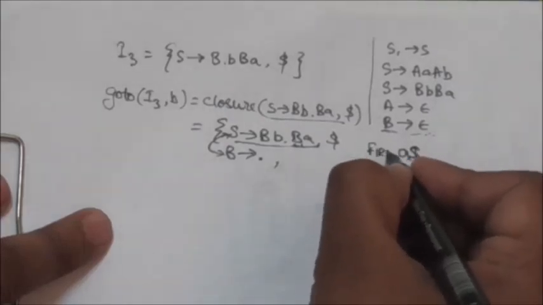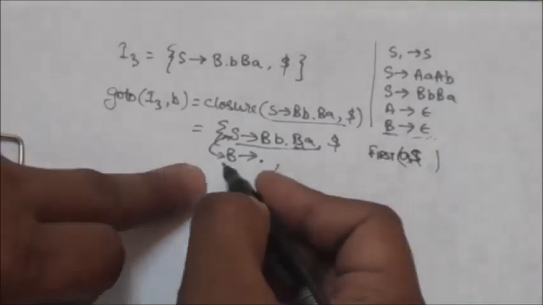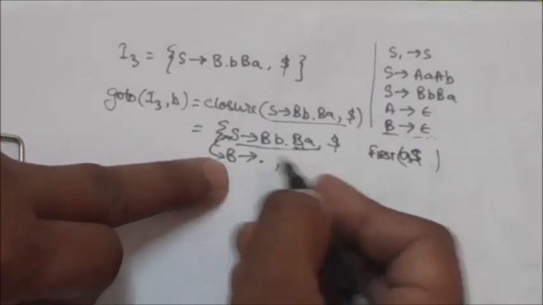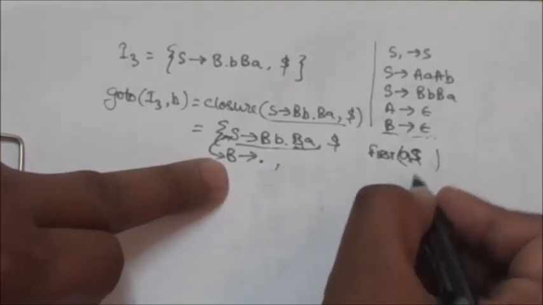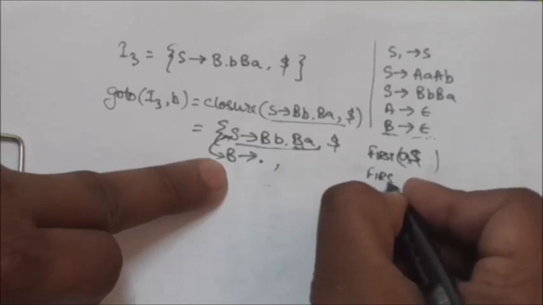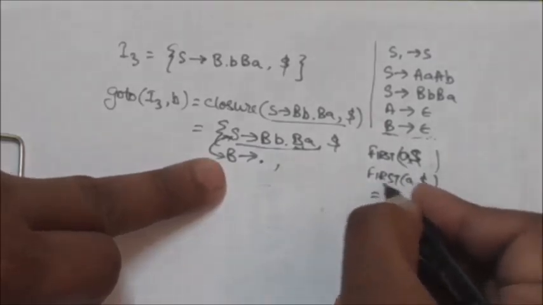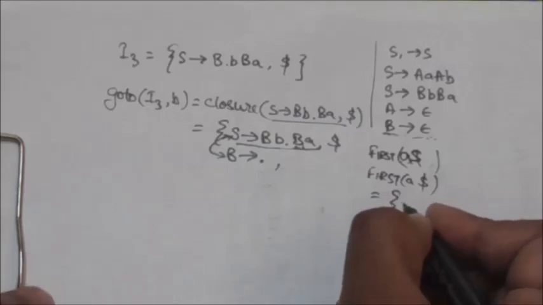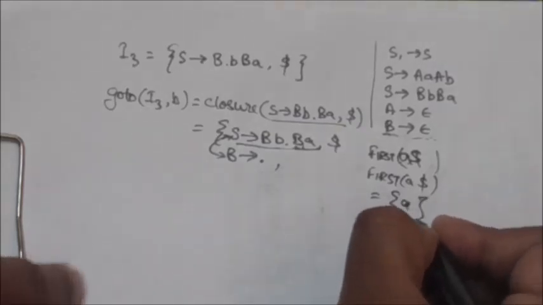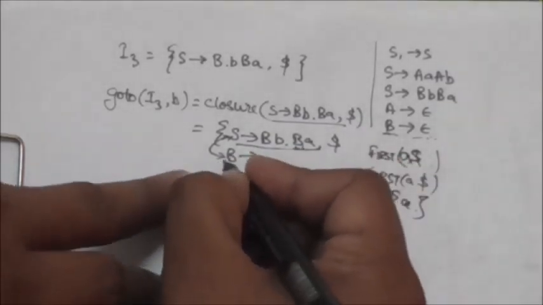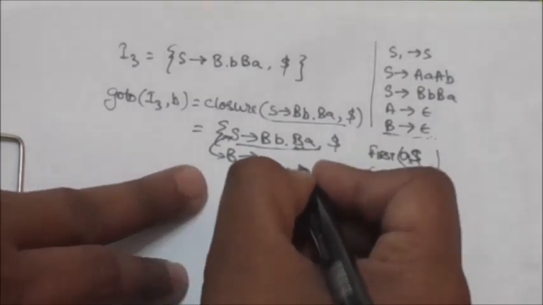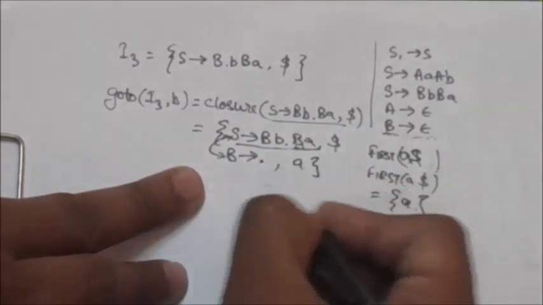So look ahead of this item will be first of A dollar, and first of A dollar will contain only one terminal symbol, that is A, right. So look ahead symbol for this item will be A, right.